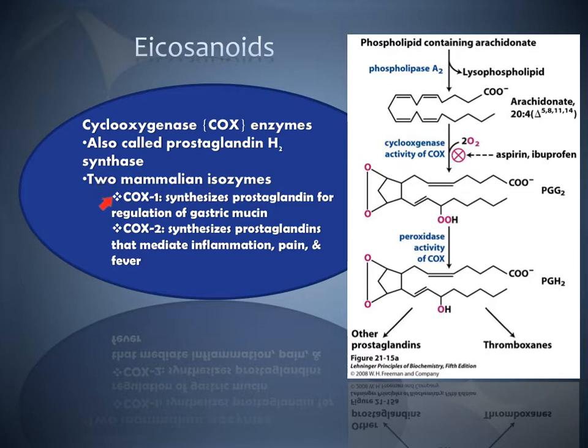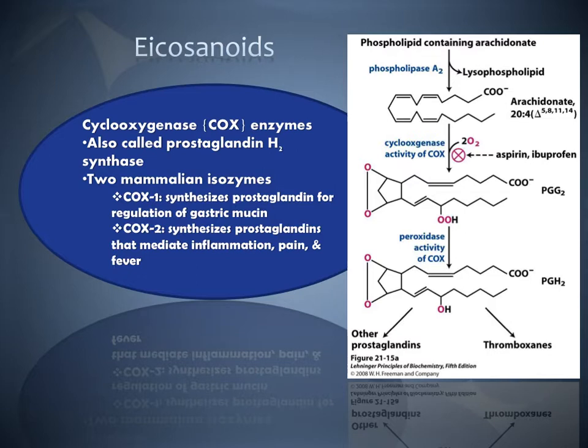We actually have two forms of COX enzymes. There's COX-1 and COX-2 in mammals. COX-1 is what makes the prostaglandins for your stomach. COX-2 makes the prostaglandins associated with headaches, pain, fever, and inflammation.